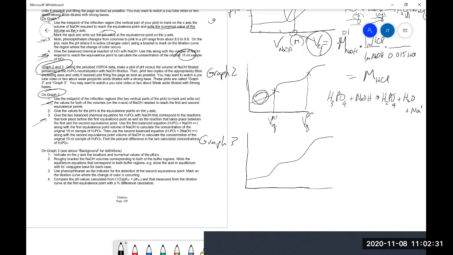Now, to the second equivalence point, the reaction to get me from that second to the third is going to look like this.